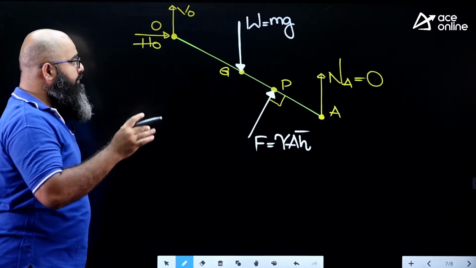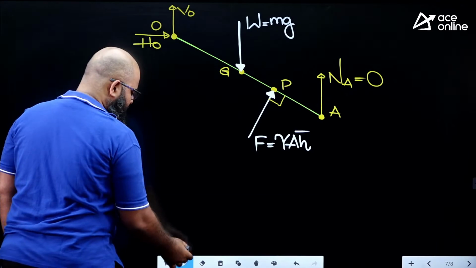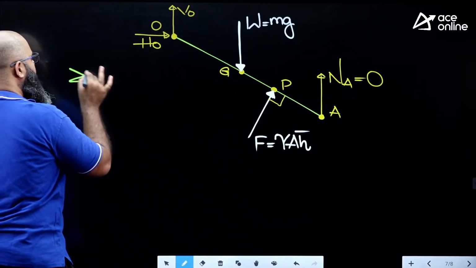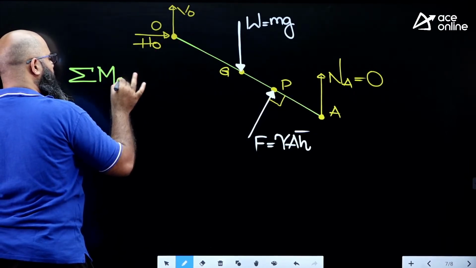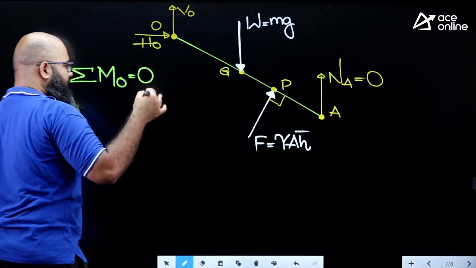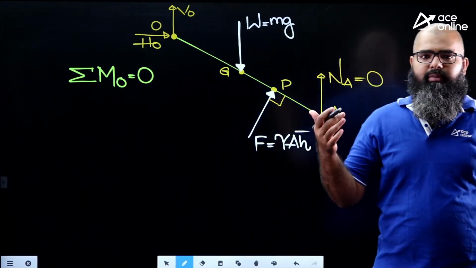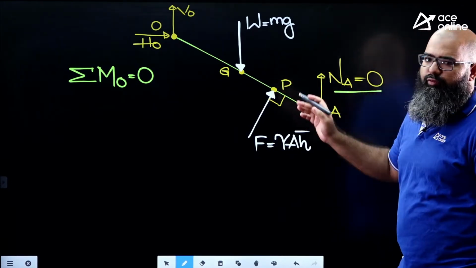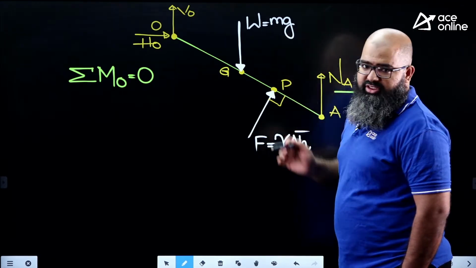Now, if it is about to open, equilibrium is valid, therefore I can start my solution by saying summation of moment about point O is equal to 0. You might be wondering why I have chosen this particular equation. The reason being, right now I have 4 forces present. You remove the normal force, so we have 3 forces present, of which I wish to find the value of mg.